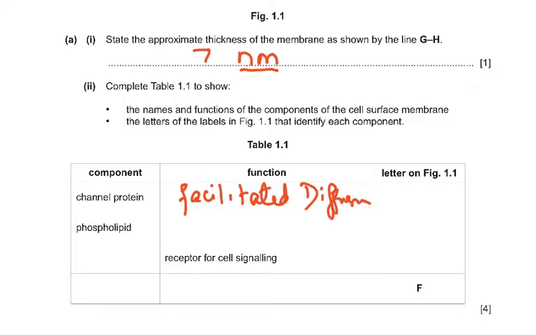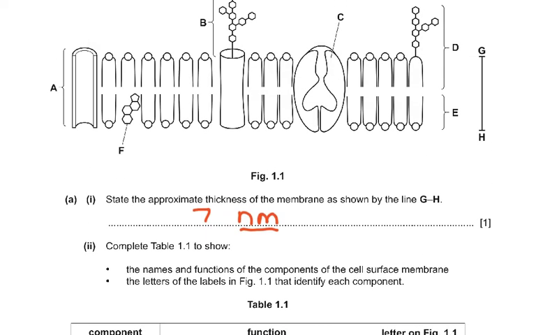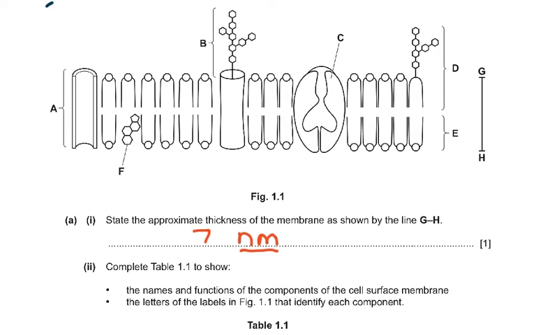Facilitated diffusion, and the letter on figure 1.1 was A. You can see here A is the one which will allow facilitated diffusion from, say, 10 to 5. If something is 10 here, 10 potassium ions or sodium ions, and 5 here, it will be facilitated. Right? What is F? Cholesterol.